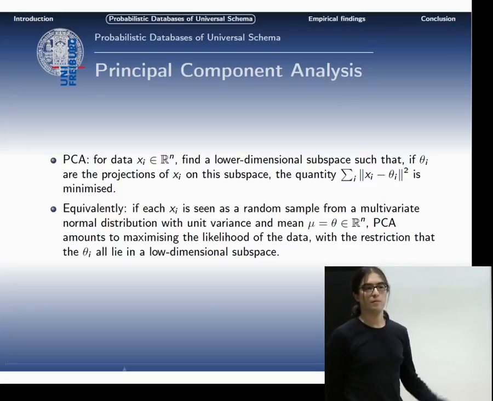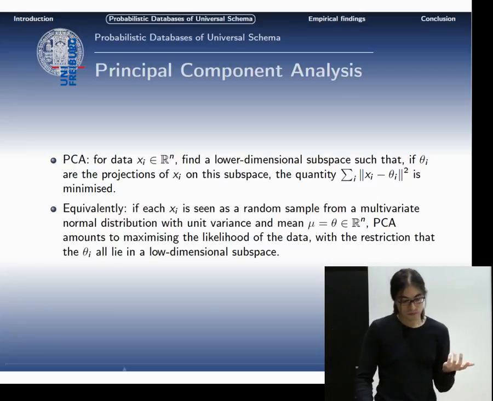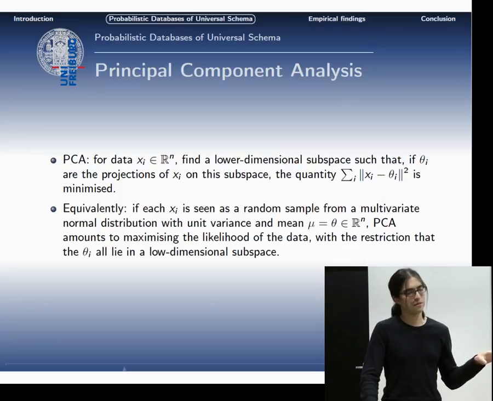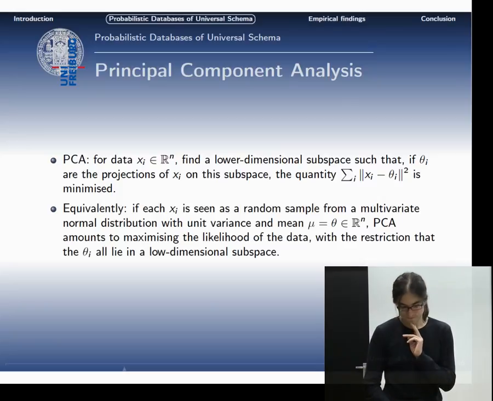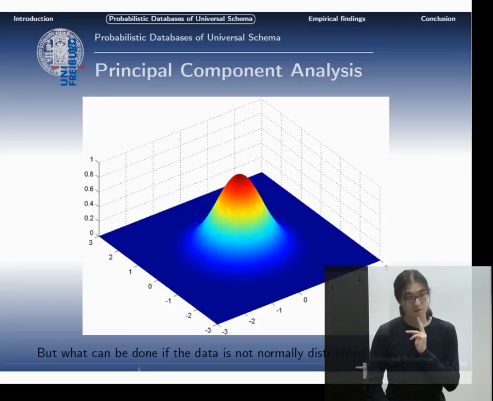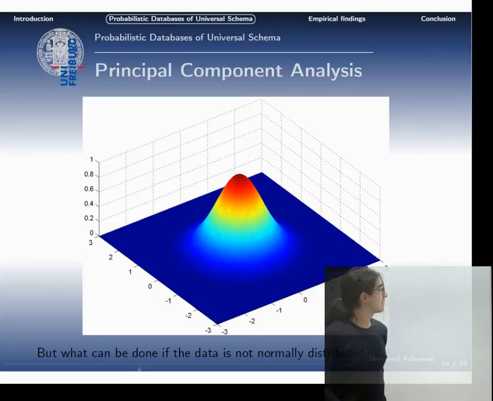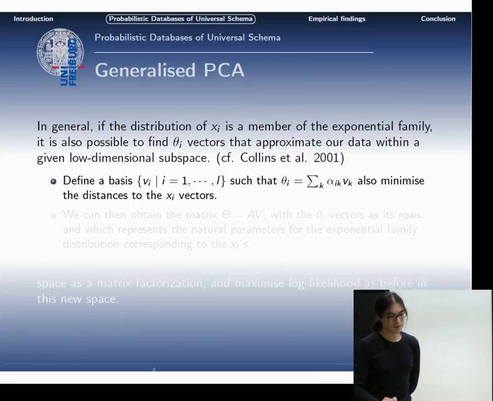our data points as random observations of a multivariate normal distribution. Then this is equivalent to maximizing the likelihood or log likelihood of our data restricted to a certain lower dimensional subspace. Now, this is of course very good if our information is effectively distributed like that, but that is not always the case.